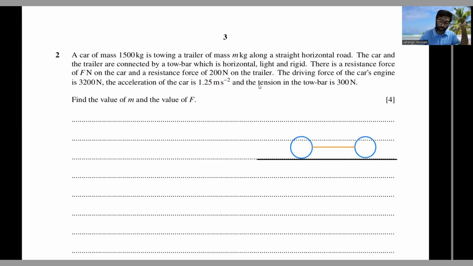Now there are forces: driving force of 3200 Newton on the car, resistance of F Newton on the car, resistance of 200 Newton on the trailer, and there is tension in the tow bar, T equal to 300 Newton.